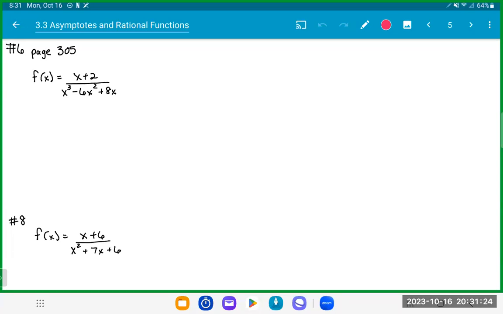So when we write our function here in simplest form, that is x plus 2 over, we can factor an x out of all of those terms. So that's going to leave me with x squared minus 6x plus 8. And now I can actually factor that as well. So this gives me x plus 2 over x.